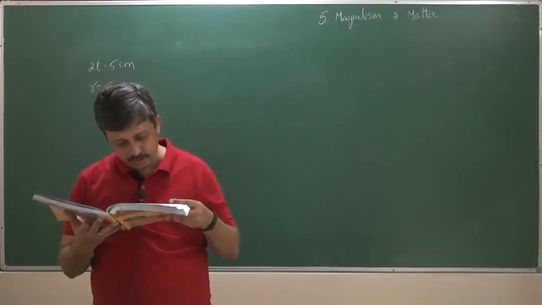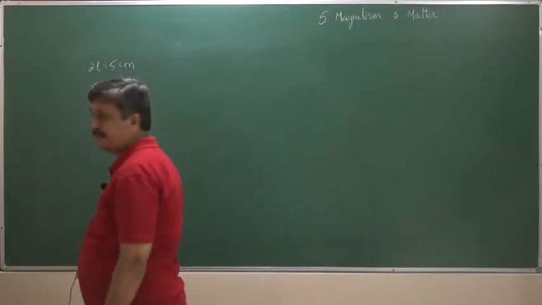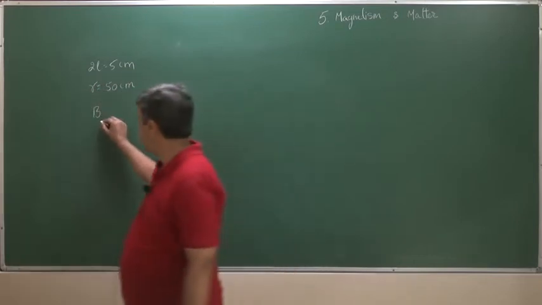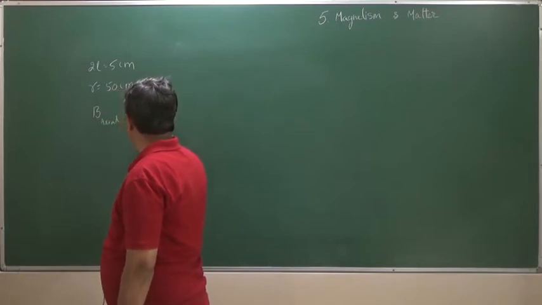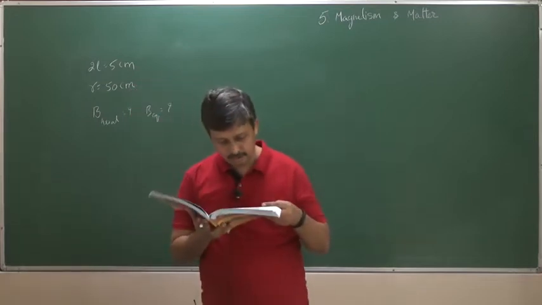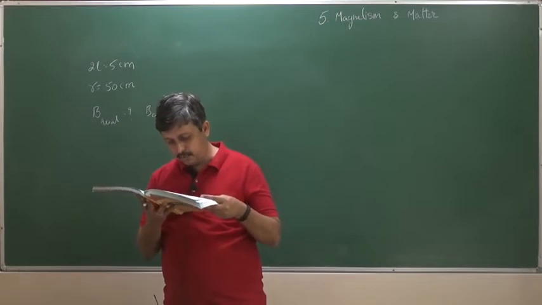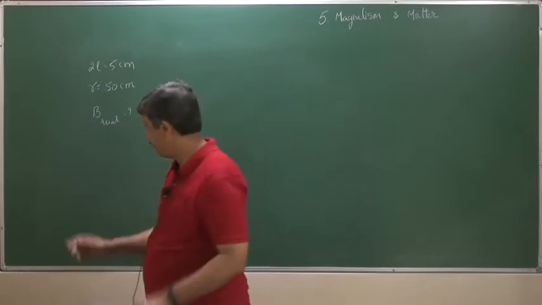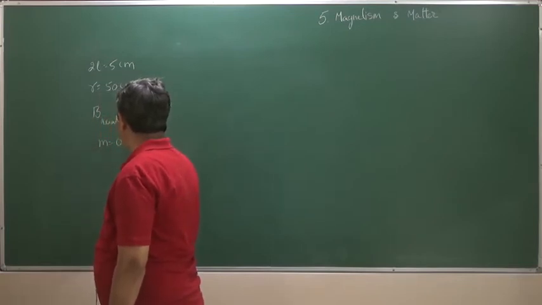So what we need to find out is B. We have to find out B at two places: B axial and B equatorial. The magnetic moment of the bar magnet is given as 0.4 ampere meter square.